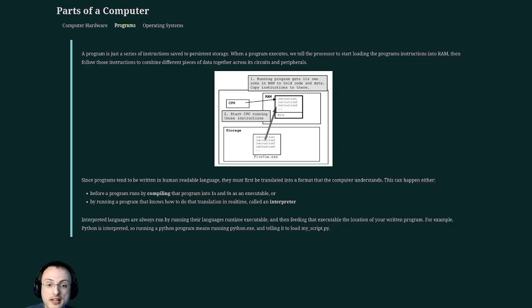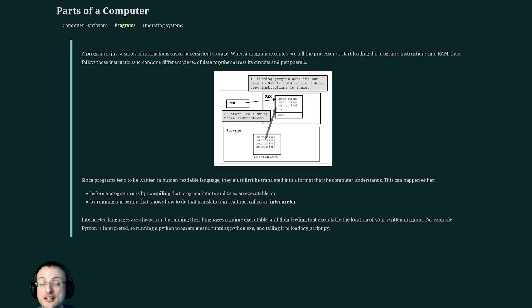So when we run a Python program, the first thing that gets loaded into RAM is actually not what you wrote. It's python.exe that gets loaded up, the thing that's already been translated that you install before you can ever write a Python program. And then you tell python.exe, go load myscript.py, and that program that was already written knows how to read in your instructions and then translate them into whatever it is the CPU needs to do.